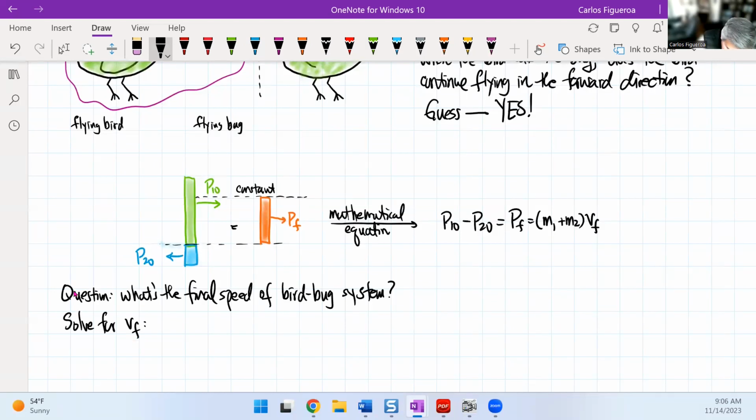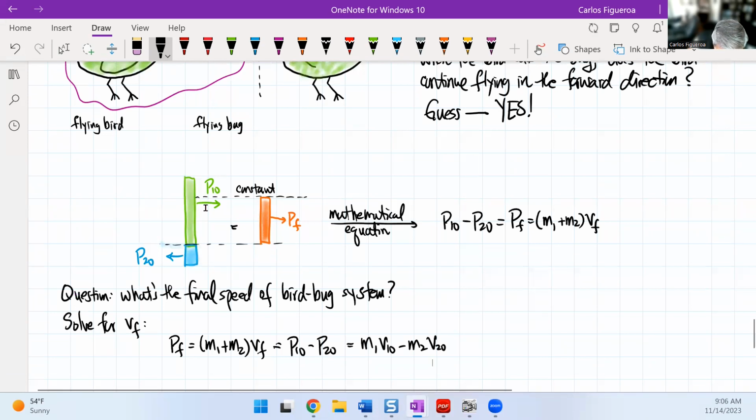I'm going to use conservation of momentum exactly like it's shown here. It says that I now have PF, which we've already written like this. And then this is going to be P1 initial minus P2 initial, which means M1 V1 initial minus M2 V2 initial.